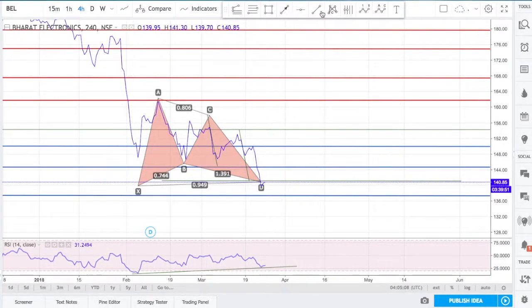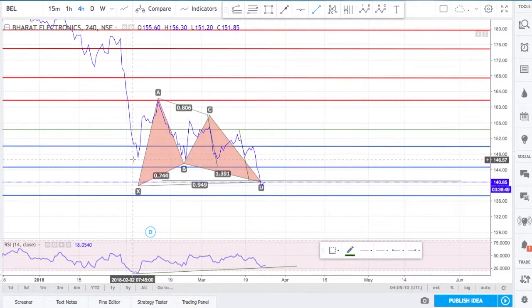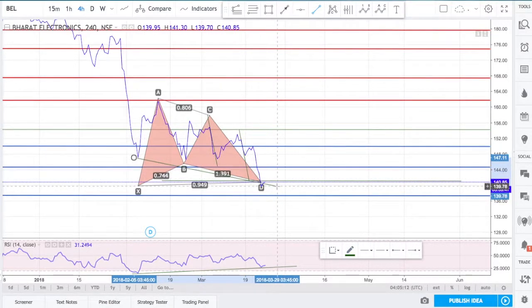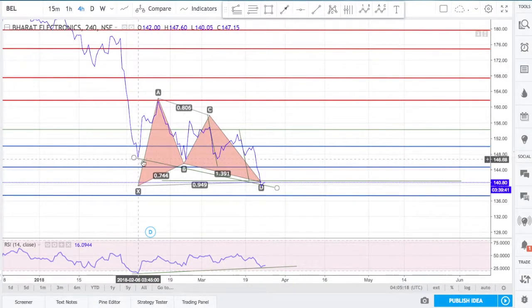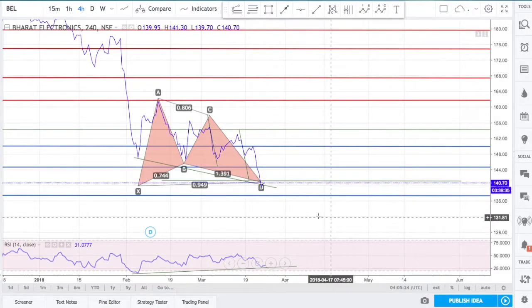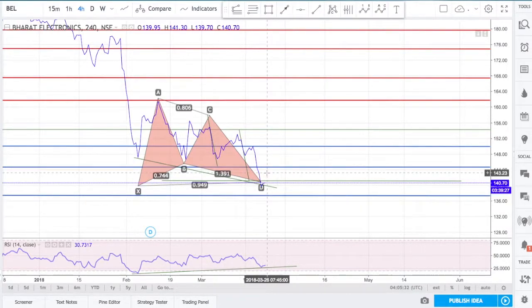And here it looks like this. On the chart it looks like this, and on RSI divergence it looks like this. So it suggests a clear divergence and a possible loss in momentum of the sellers.